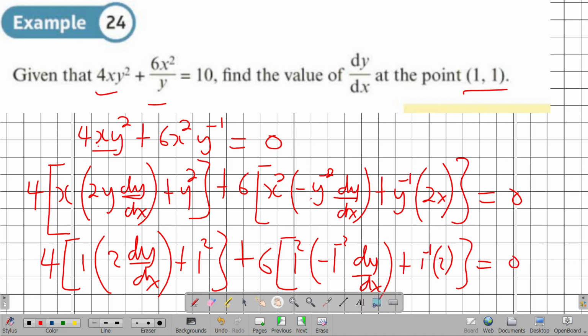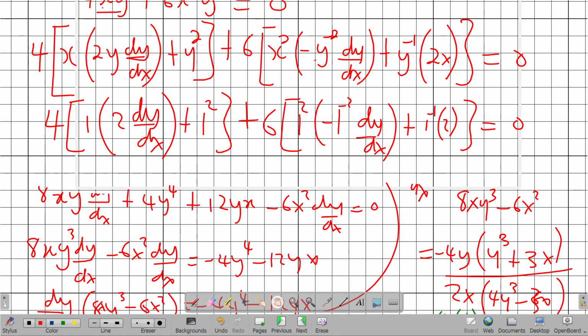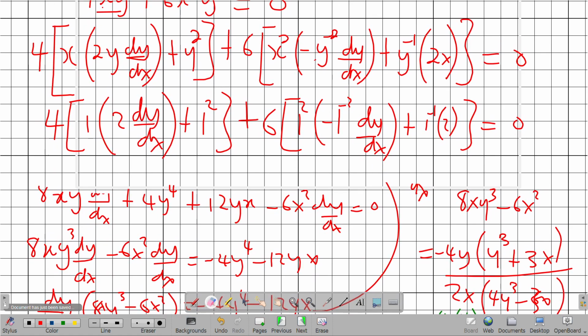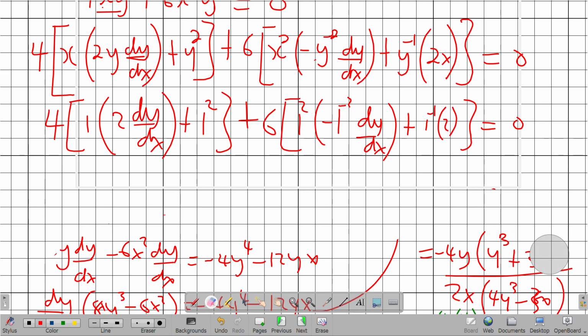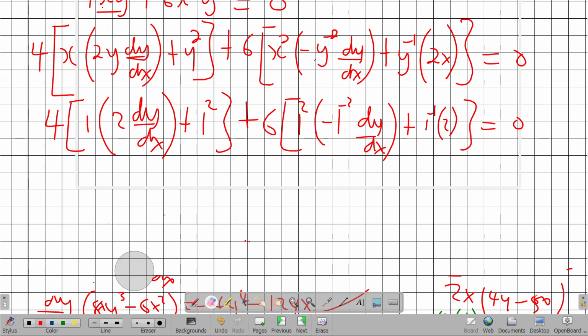So we want dy over dx, so that gives us 8 dy over dx. This 4 is multiplying everything here plus another 4 here.